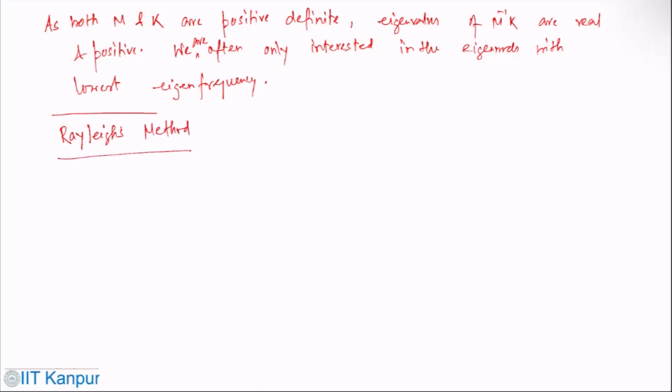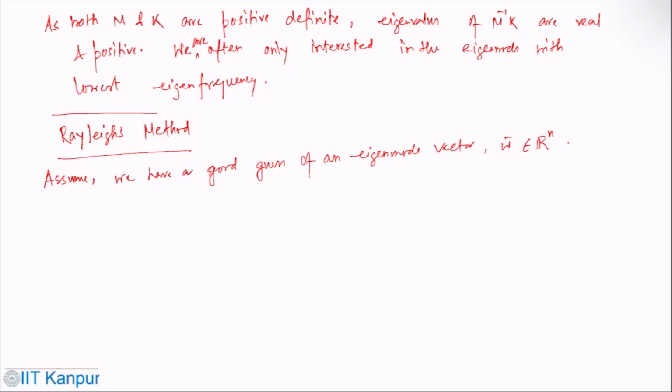Obviously, we have a good guess of an eigenmode vector, W̄ in R^n.